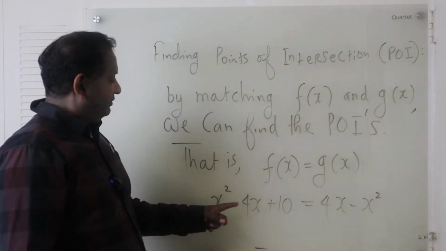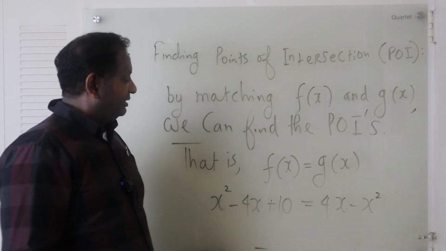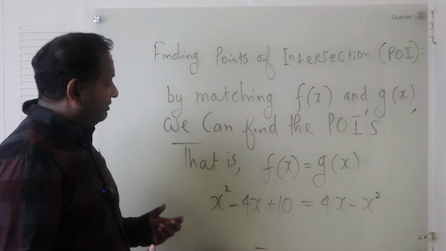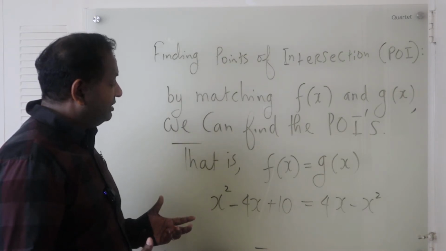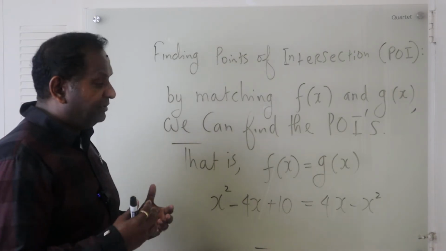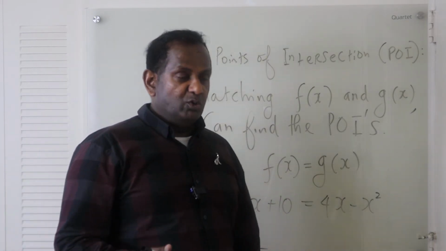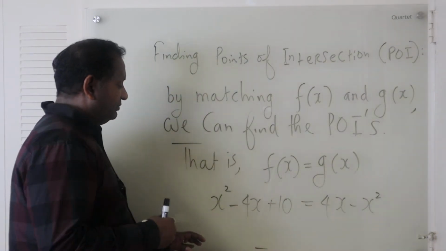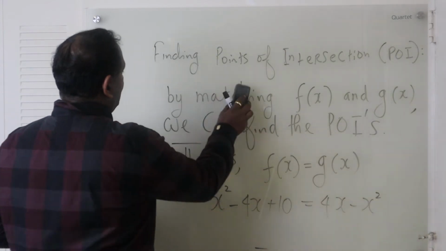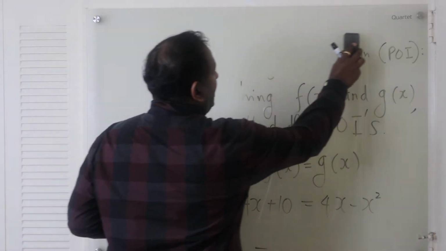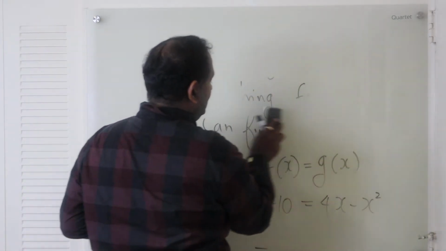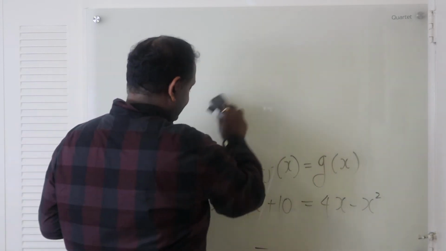So x squared minus 4x plus 10 equals 4x minus x squared looks like a quadratic equation. To solve it, you pretty much have to get all the terms to one side. I prefer to get all the terms to my left hand side.